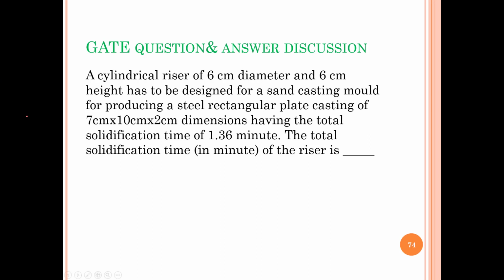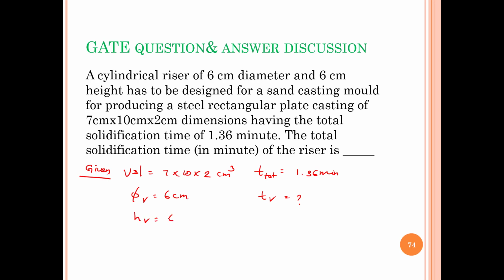So here, given that: the casting is 7 into 10 into 2, and the total time is equal to 1.36 minute. We want to know the total time of the riser, and they gave the diameter of the riser, 6 centimeter, and the height of the riser also.